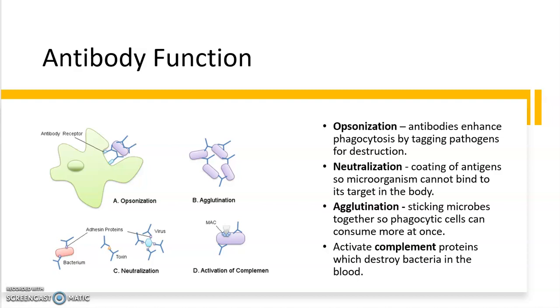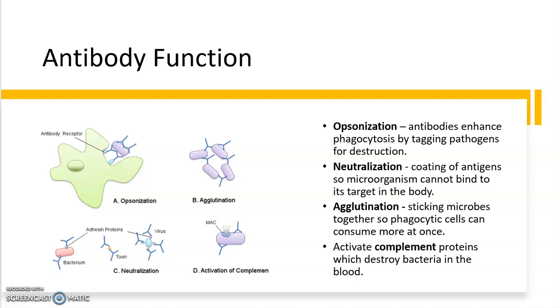So opsonization is just enhancing phagocytosis by letting the phagocytic cells, like the macrophages, see the foreign pathogens much more easily because they're all marked with antibodies at that point. So it just allows for an easier route of recognition by phagocytic cells.